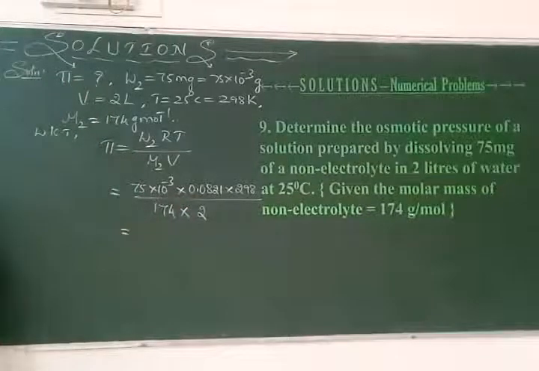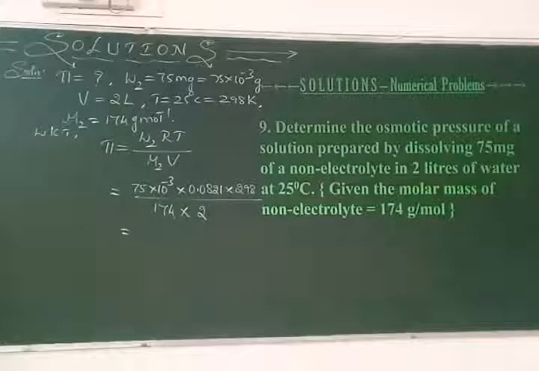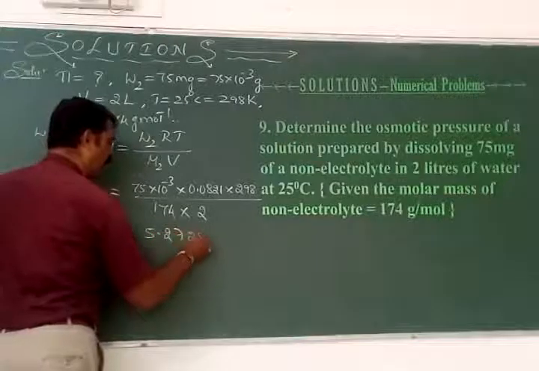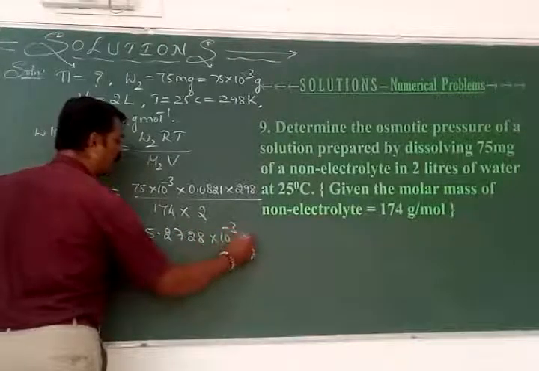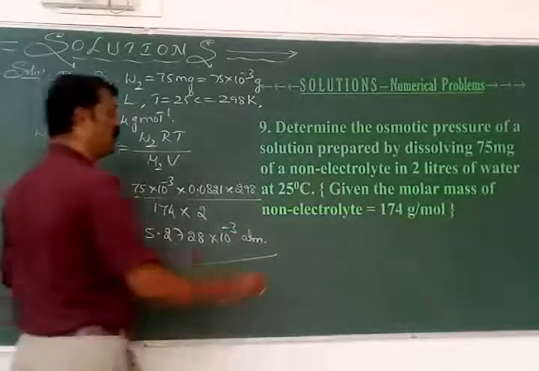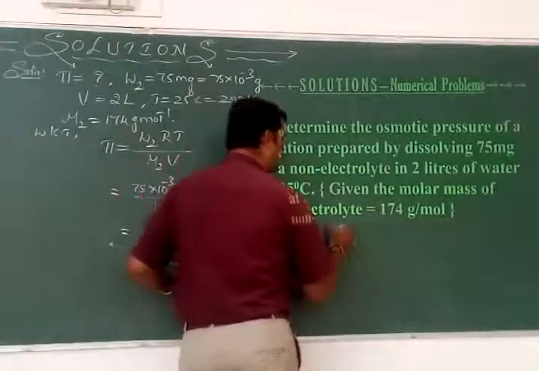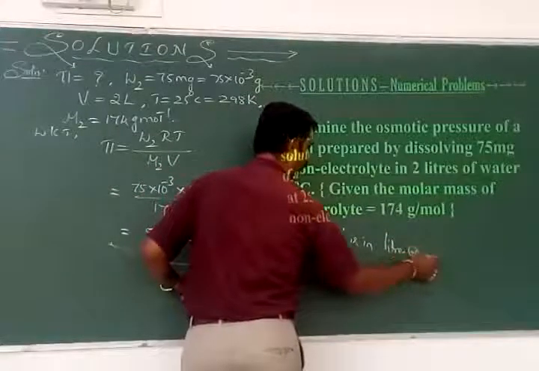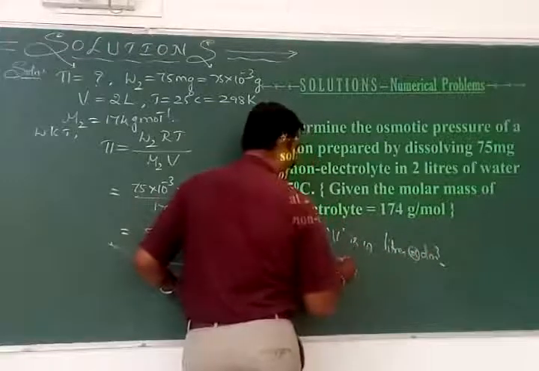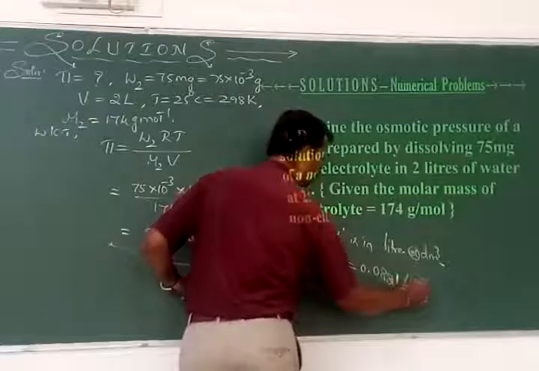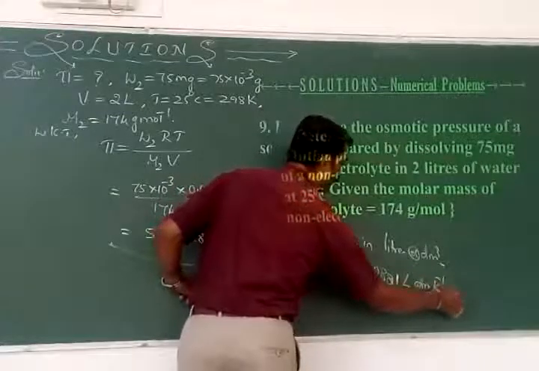Okay. Upon simplification, I will get the answer in the form of 5.2728 into 10 to the power of minus 3 in terms of atmosphere. Because if volume is in liters or dm cube, then R value is equal to 0.0821 liter atmosphere per Kelvin per mole.